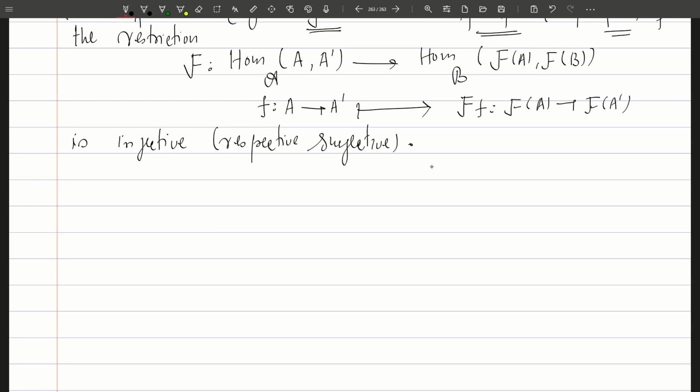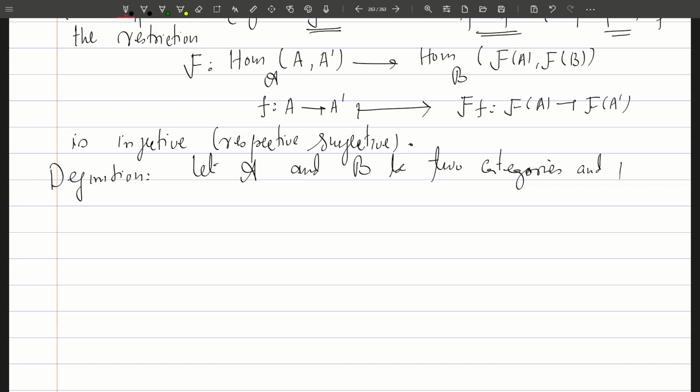the amnestic functors. So again, let us consider two categories. Let A and B be two categories, and say script F from category A to category B is a functor.